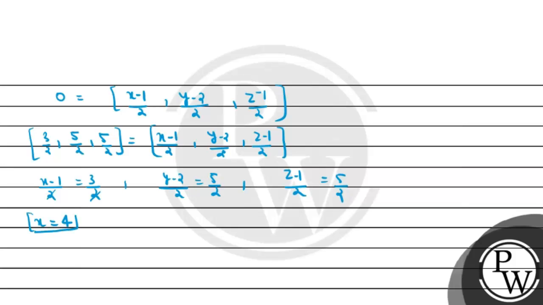Next, the 2 cancels with 2, so the value of y will be 7. And at the last, the 2 cancels with 2, so the value of z will be 6. So the coordinate of D, that is x, y, z, will be 4, 7, 6. Okay, so this will be our answer.